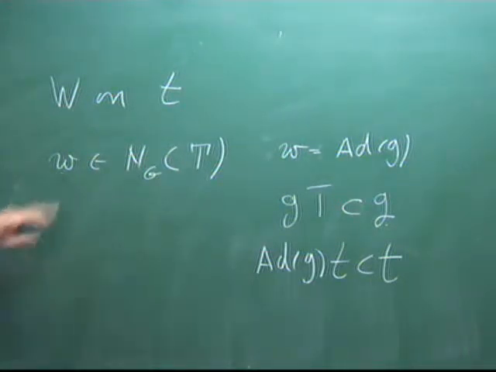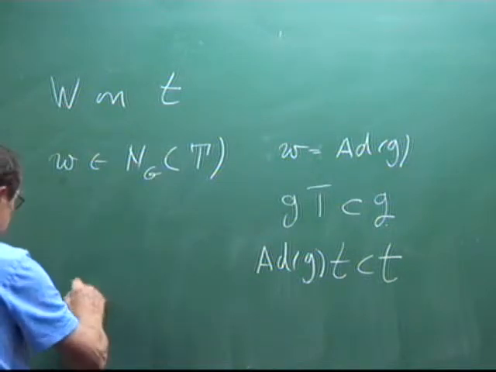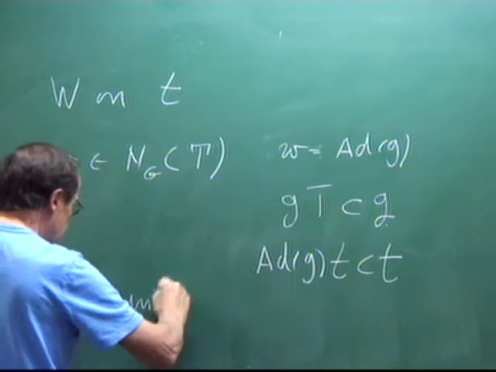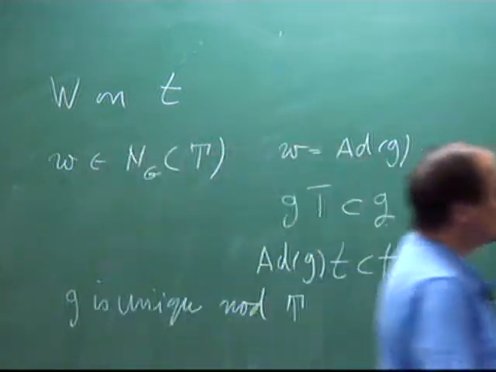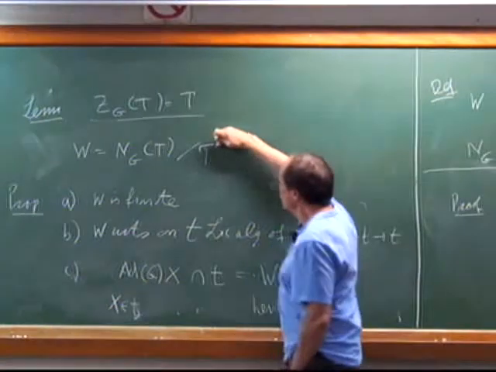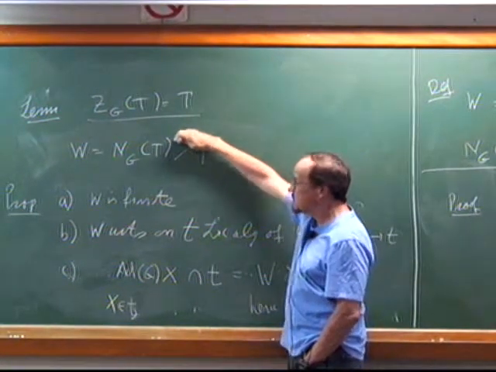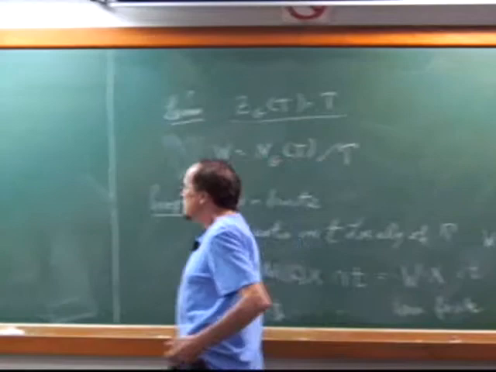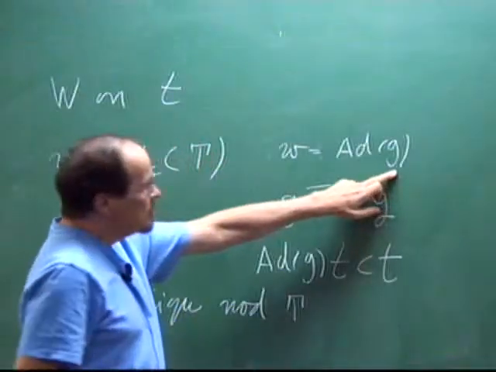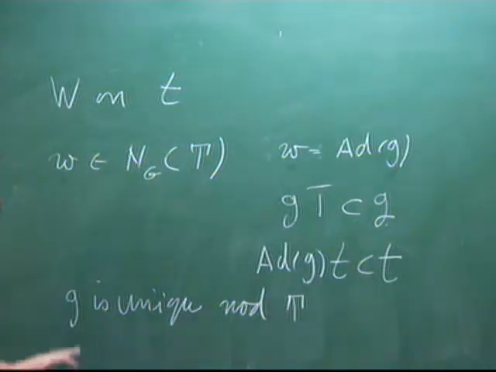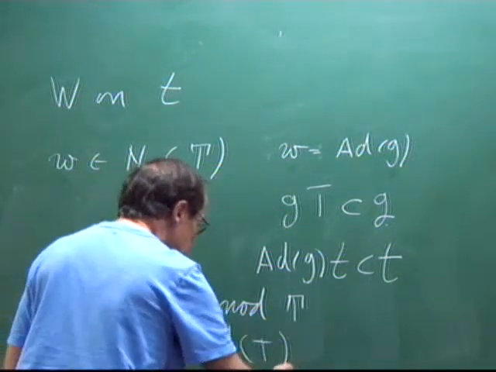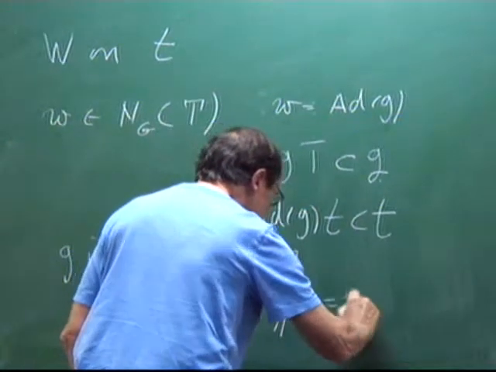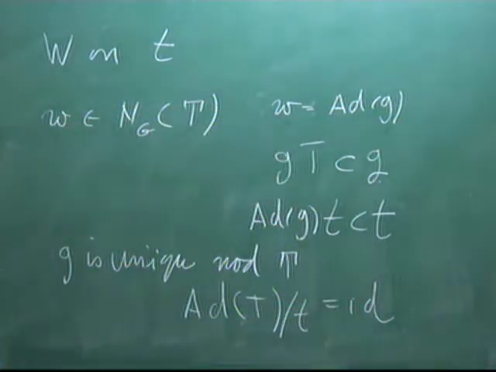Of course, g is not unique. It is unique modulo the maximal torus. My Weyl group is the normalizer divided by the maximal torus. So if I modify g with anything that's inside the maximal torus, I get the same element of W. So if I write W like this, I can change g with anything in the maximal torus. But of course, the adjoint of an element of the maximal torus, restricted to t, is the identity. T is abelian, and little t is the Lie algebra of that, so it commutes with everything.